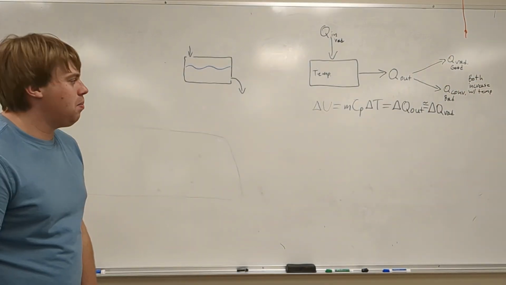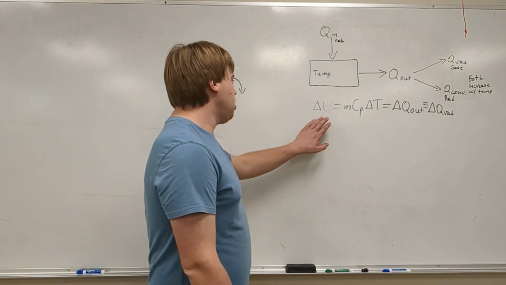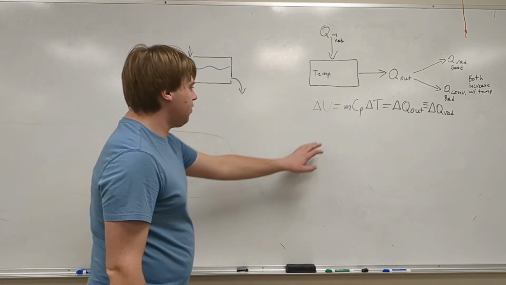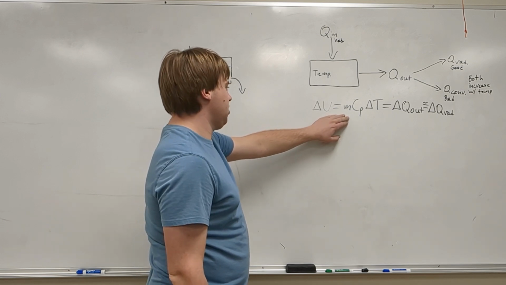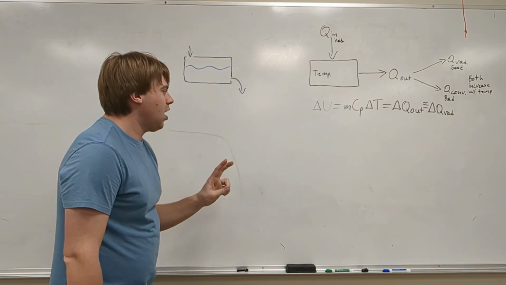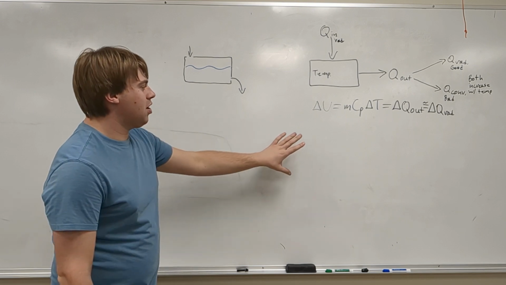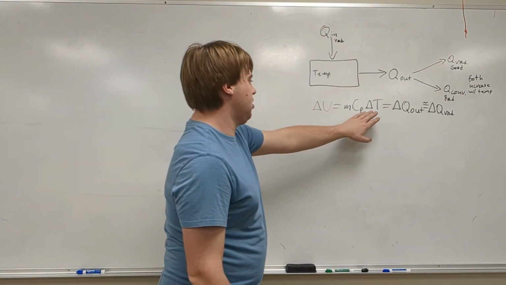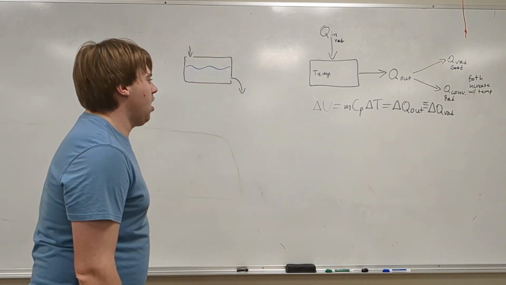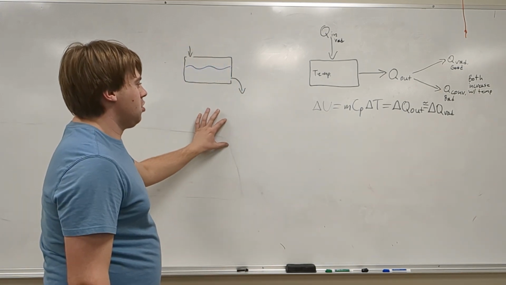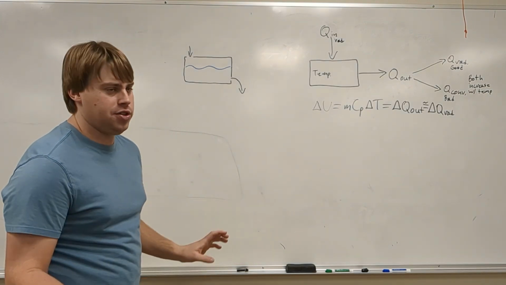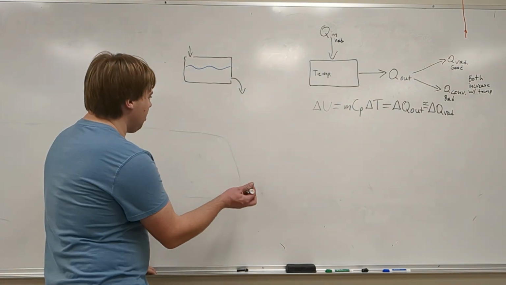When we do our change in U calculation, we factor in the mass of each piece of concrete. So we have two different masses and therefore two different calculations, and also different temperatures. The heat capacity will be the same for both, and the temperatures will be the change in temperature over the entire duration of the test.